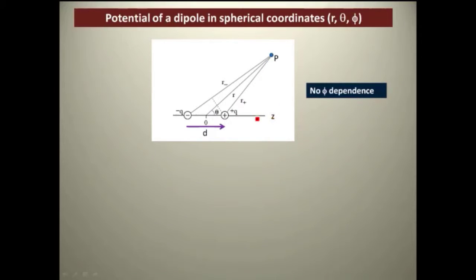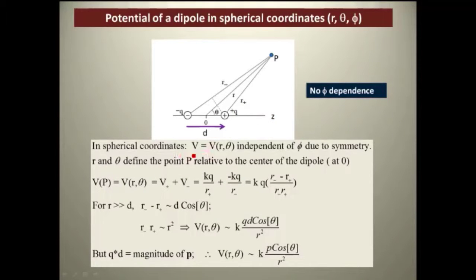Let's look at how we get that potential. In spherical coordinates, we've already said that it will simply depend on r and theta, and will be independent of phi. R and theta define the point P relative to the center of the dipole, which is here at the position O. Looking at what that potential is, we say that it's the sum of the potential due to the plus charge plus that due to the minus charge.